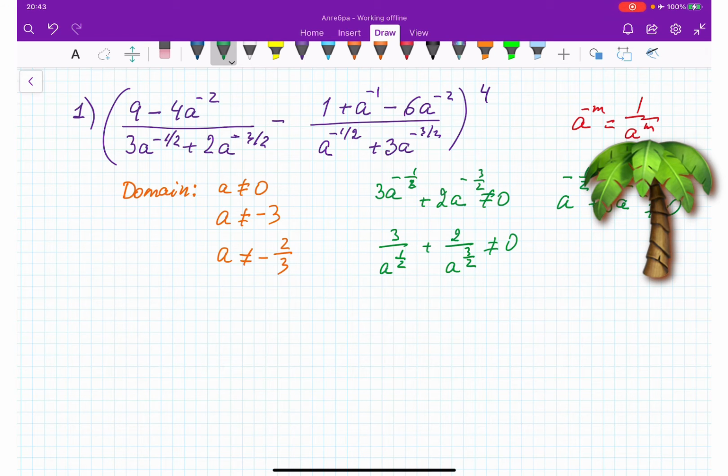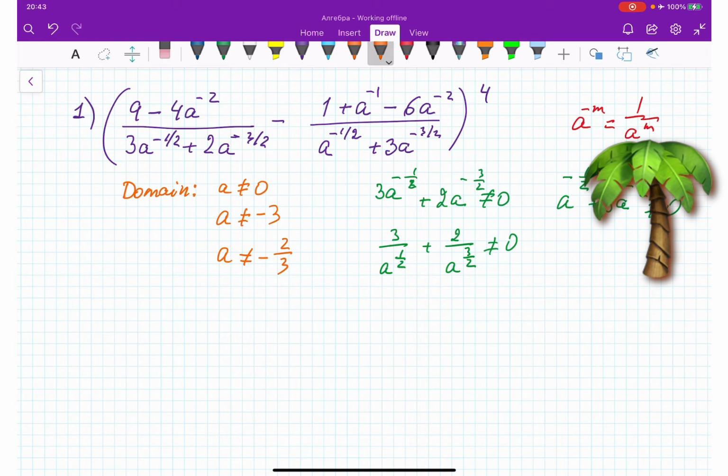So we need to bring to a common denominator. Between 1/2 and 3/2, the common denominator is going to be a to the power 3/2. Why? Because 3/2 is greater than 1/2, so it's going to be our denominator.